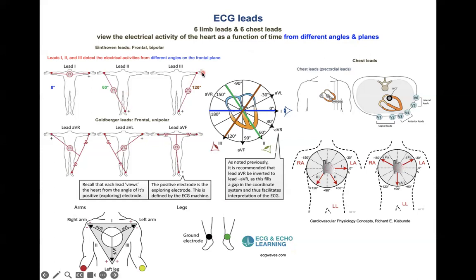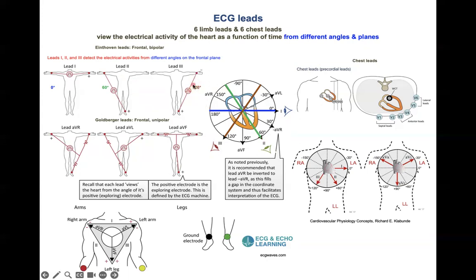In lead 3, the negative electrode on the left arm, the positive electrode on the left foot. So now, if we put the heart in the middle of this circle, we have lead 1 indicated by the blue arrow. It's going from here to here horizontally. The angle is 0. Lead 2, the green arrow, the angle is 60 degrees.